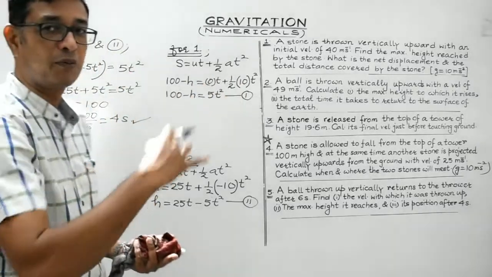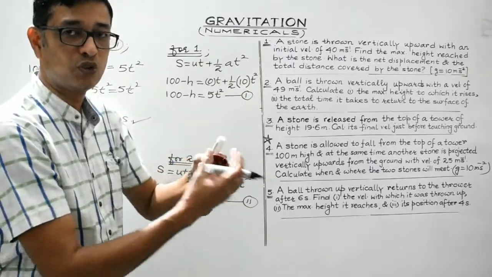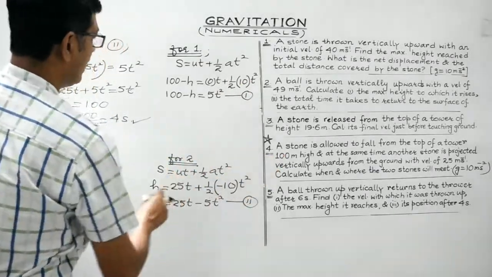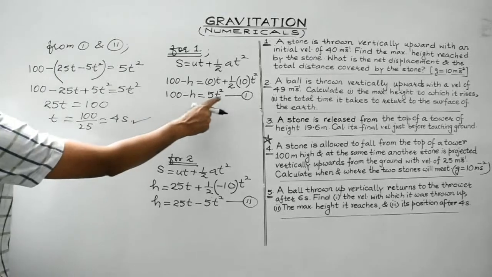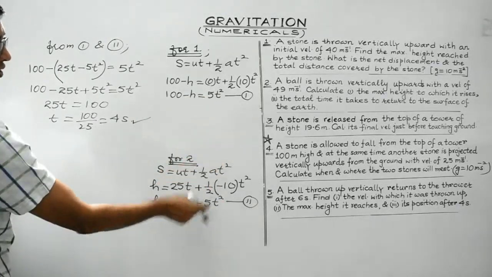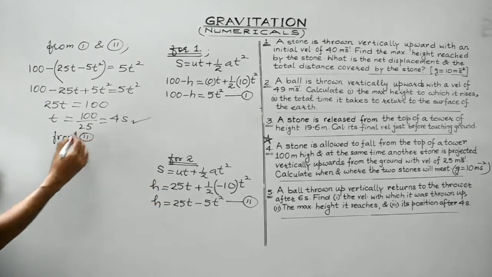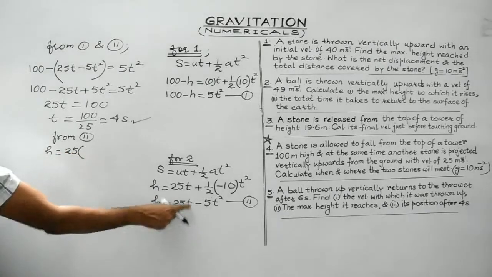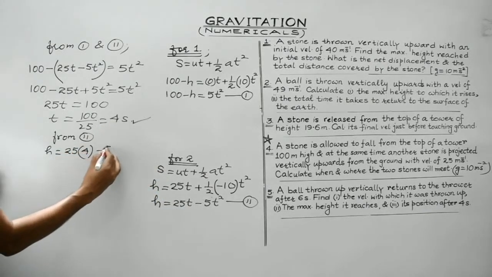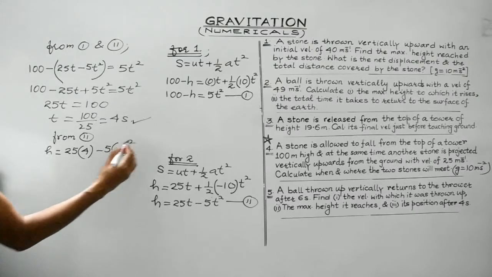Now, at what height from the ground will the two balls or the two stones meet each other? For that, substitute this value of t as 4 in either of these two equations. Right? From 2, let's substitute the value of t in equation 2. So what we get is h equal to 25, in place of t substitute 4, minus 5, 4 square.